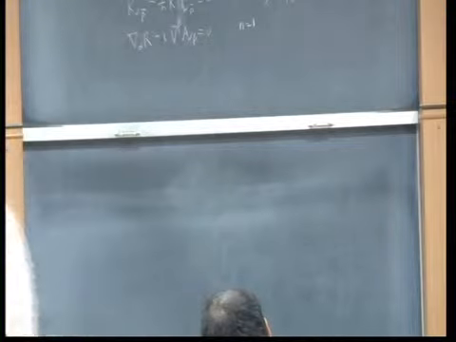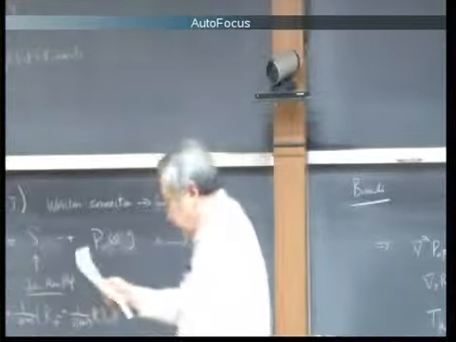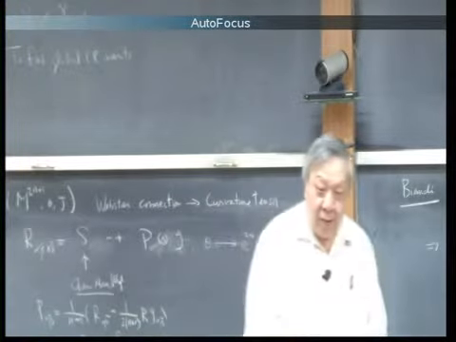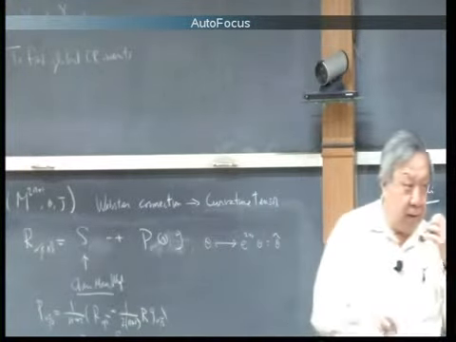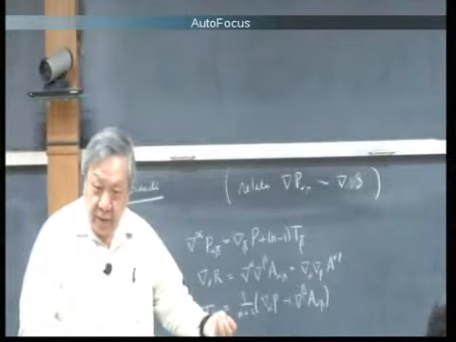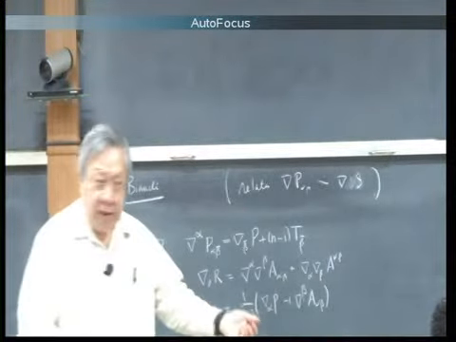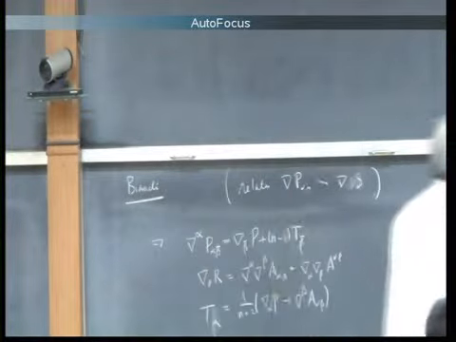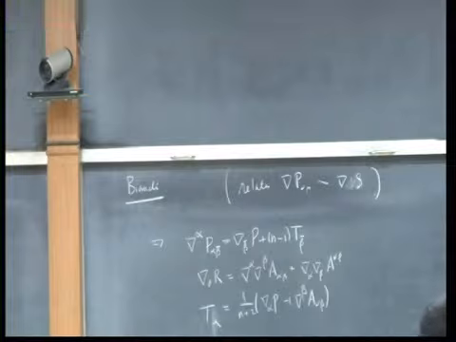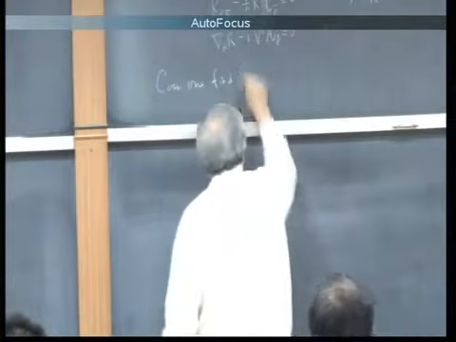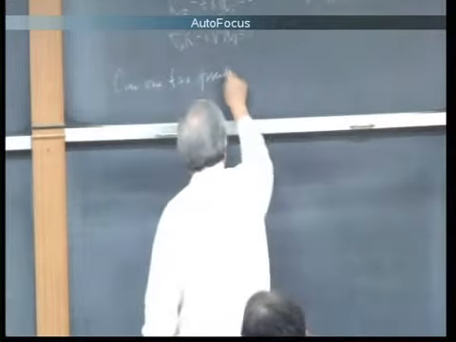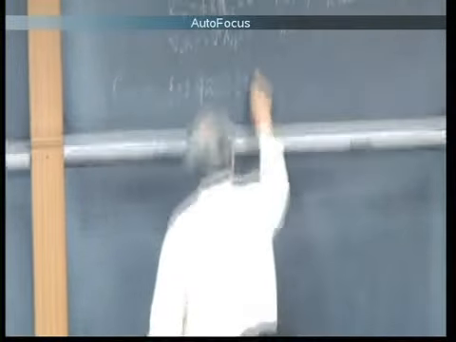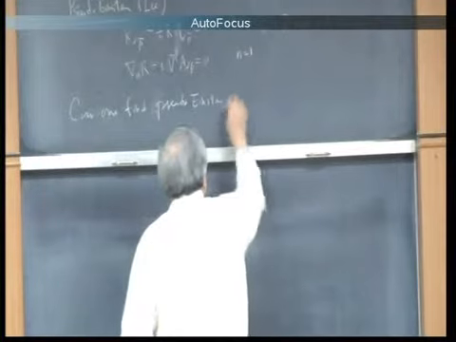Once I see things this way, of course, it occurs to many people: instead of constructing a contact form with constant scalar curvature, what about constructing a contact form which is pseudo-Einstein? So, one, find pseudo-Einstein metrics, contact forms.